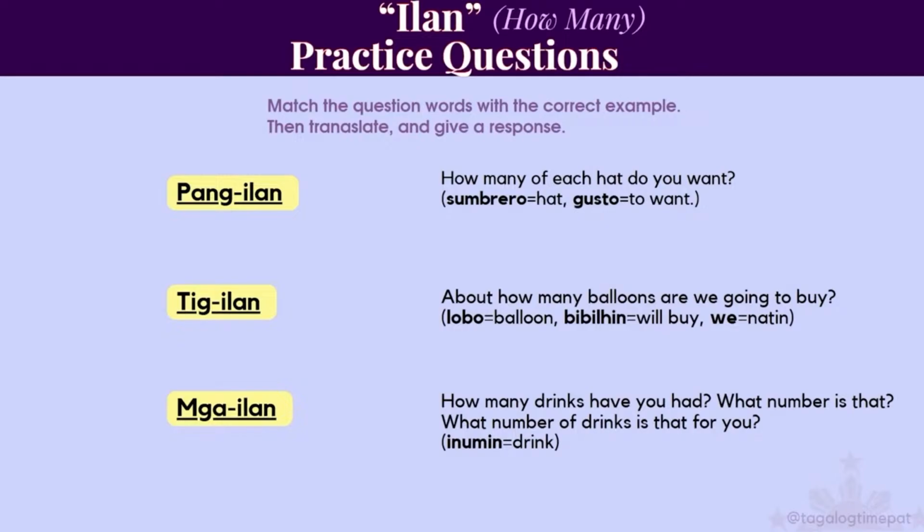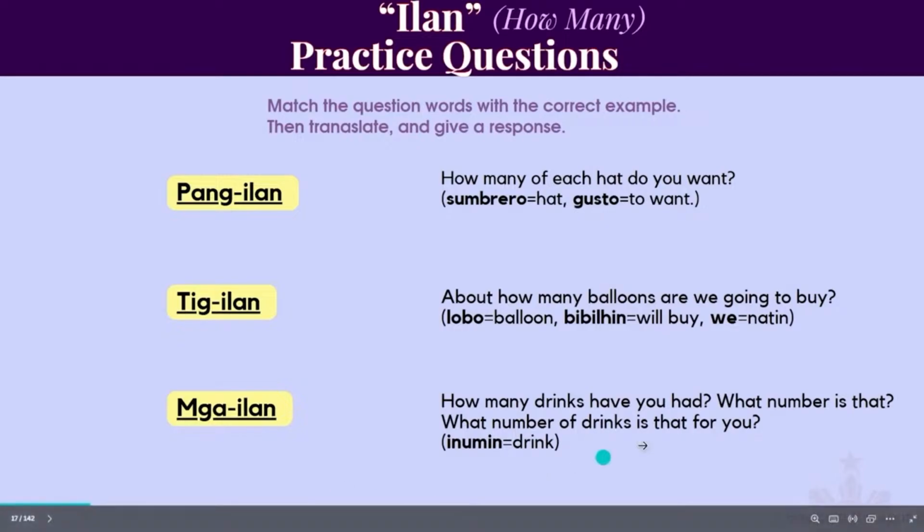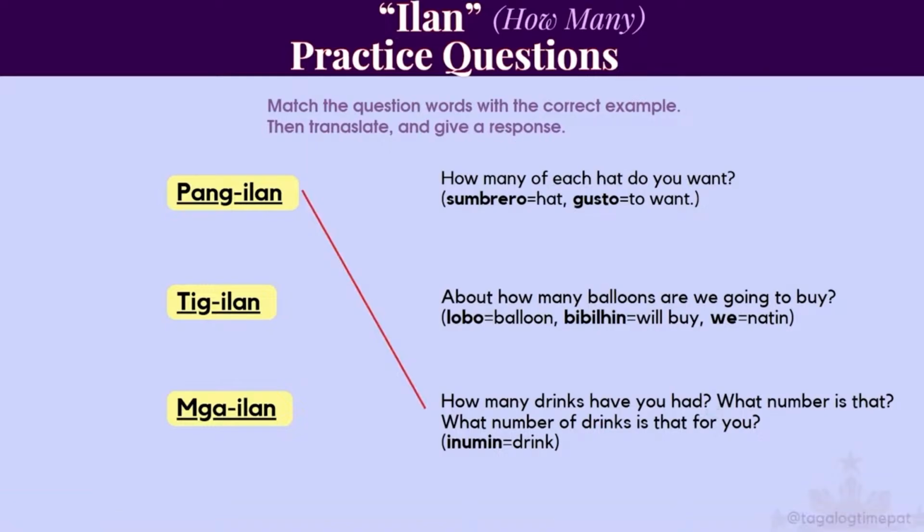Okay, welcome back. Let's see. This is what the answers would be. Pang-ilan goes with this question. How many drinks have you had? What number is that? What number of drinks is that for you? So it's asking about the order of your drinks and basically where you are in your line of drinks.